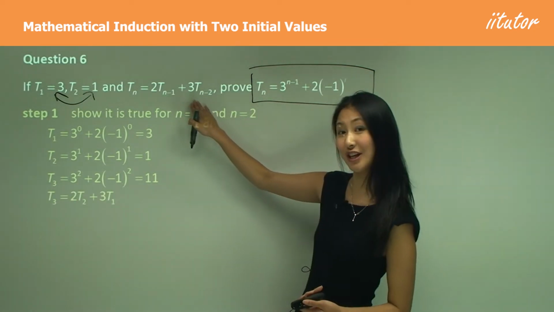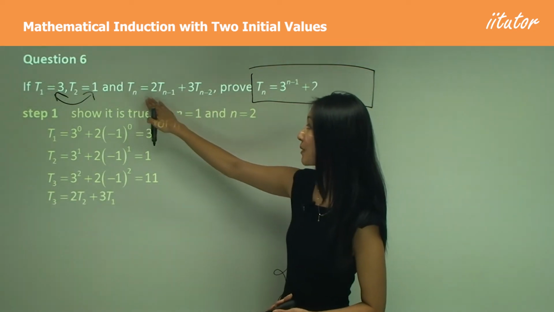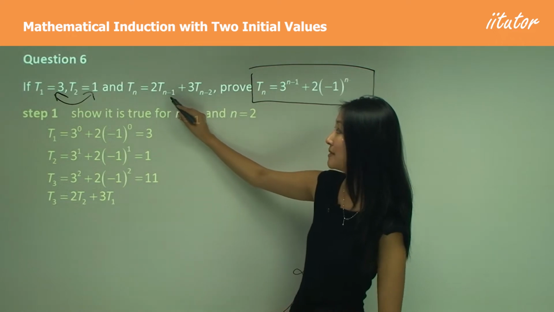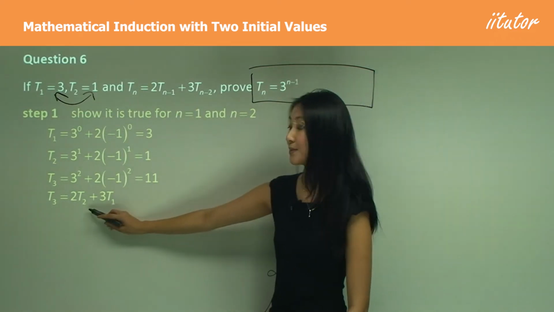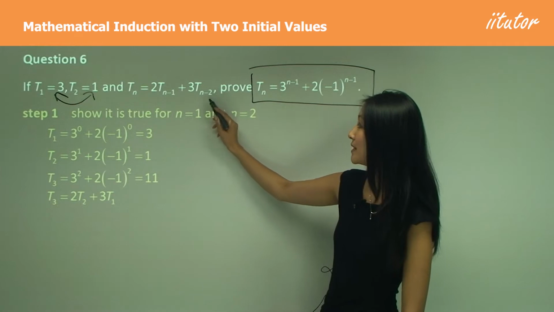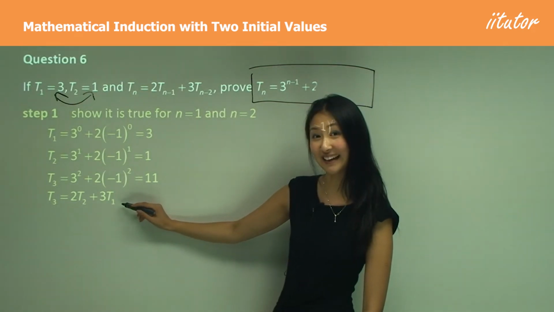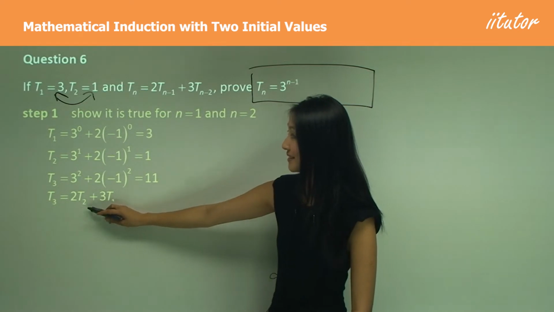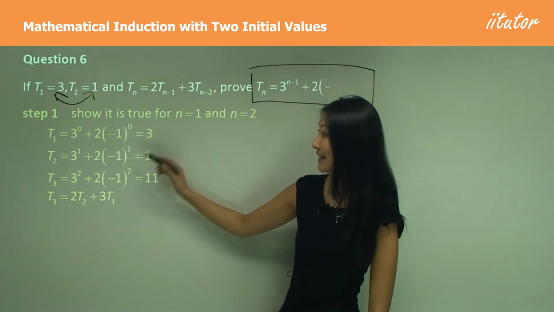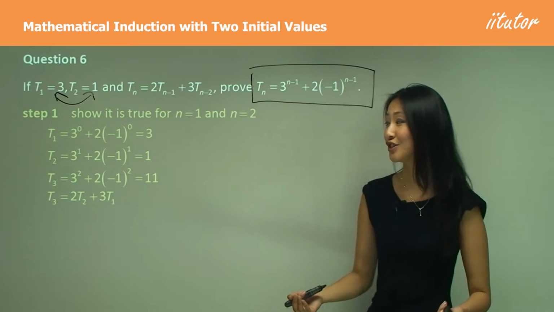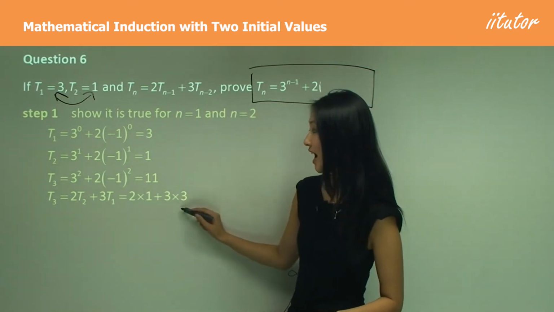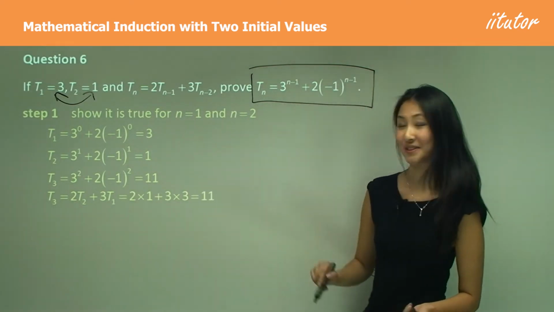So by using the general formula, we have T3 equals 2 times T3 minus 1, so that's T2, plus 3 times T3 minus 2, so that's why you have T1 here. We know what T2 is, which is just 1, and T1 is just 3, so we substitute that in. So we have 9 plus 2, which equals 11.